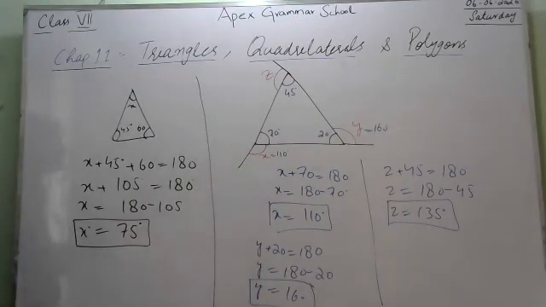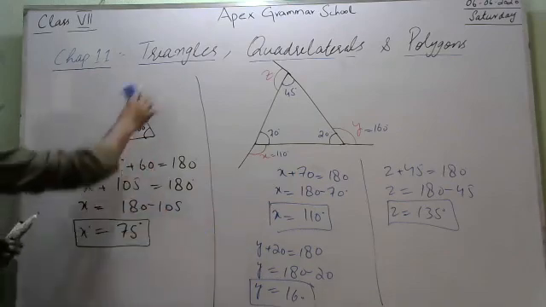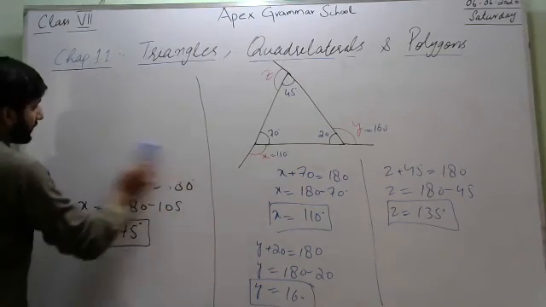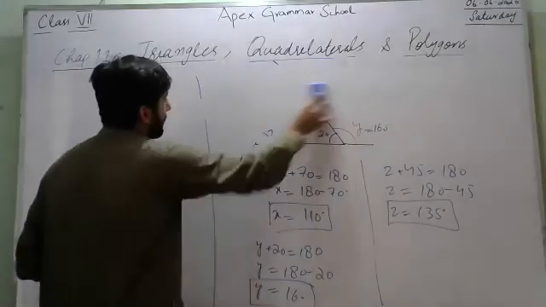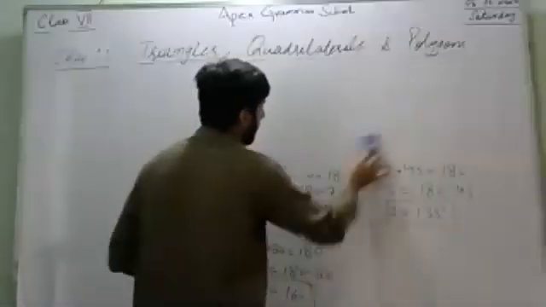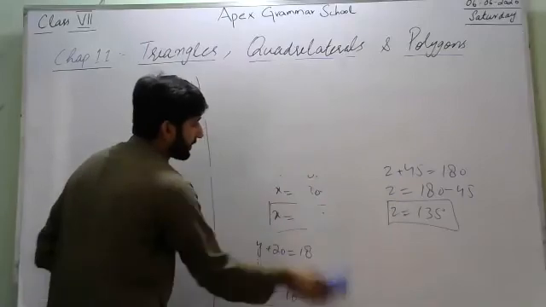The last one is how to find an exterior angle if the corresponding opposite interior angles are given.